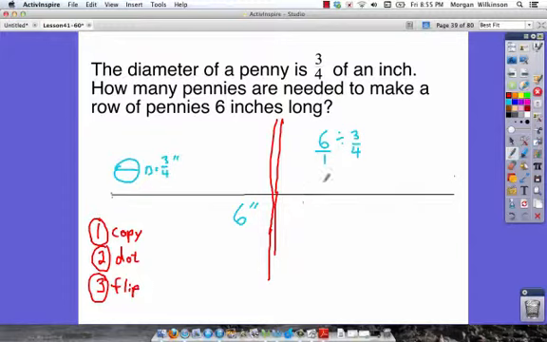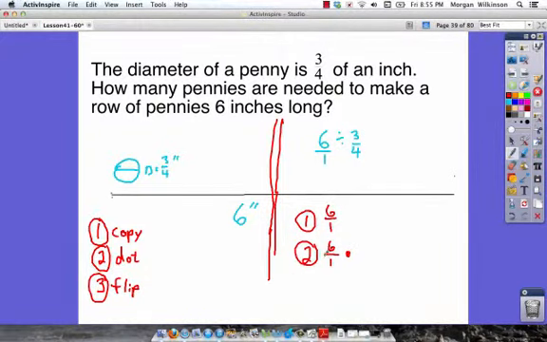So we've got the problem of 6/1 divided by 3/4. Copy, that's the first part. Step 1, we're going to copy, and that means copy your first number, 6/1. Step 2 means dot. So we're going to continue with our 6/1, and instead of having a division sign, we're now going to have a multiplication sign. You know the dot between fractions or any numbers means to multiply.